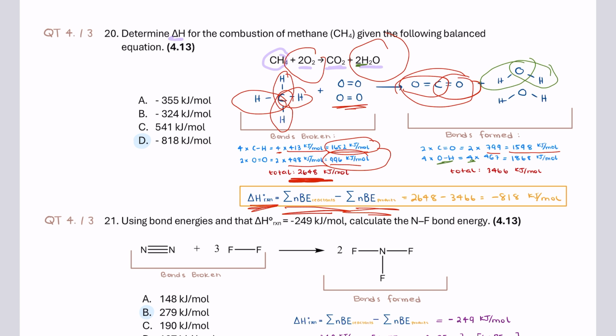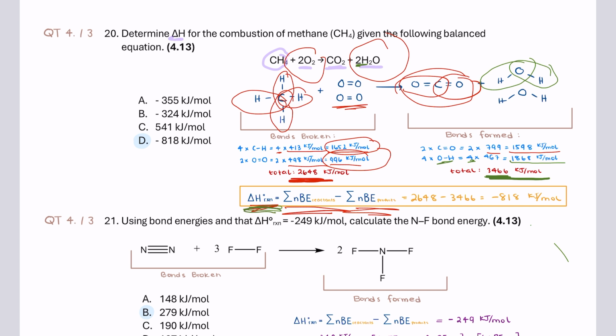So 4 times 467 gets us 1,868 kilojoules per mole. When we add those together, the total energy released by forming product bonds is 1,598 plus 1,868, which is 3,466 kilojoules per mole.